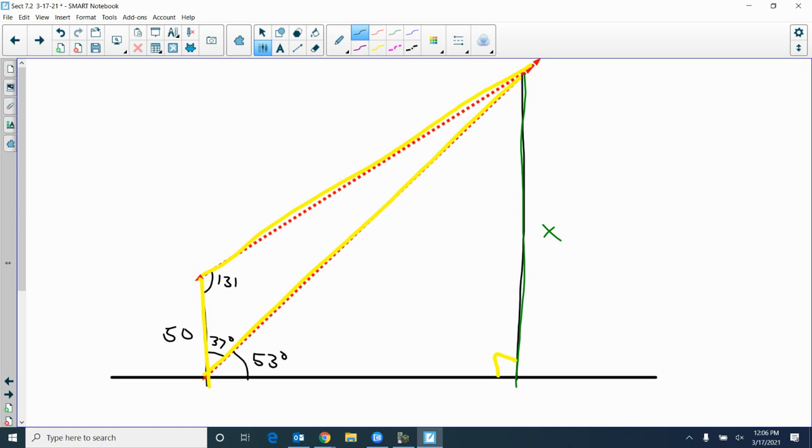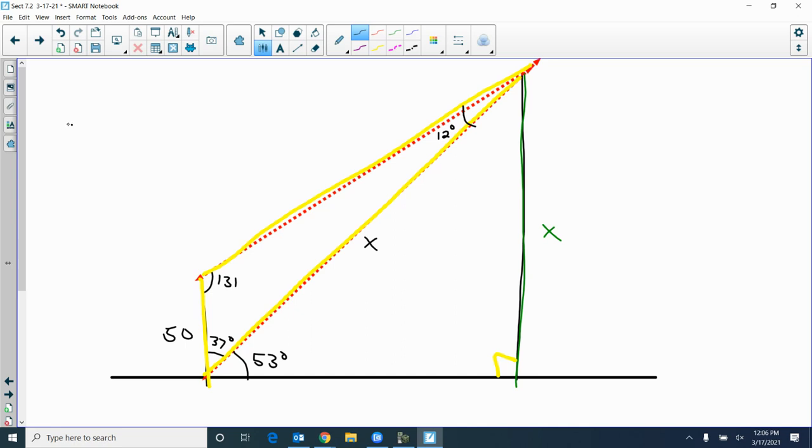We got 37. We got 131. We got 50. What's this smaller angle going to be then? 12? Is that right? So this is 12. And I need that 12 degrees.